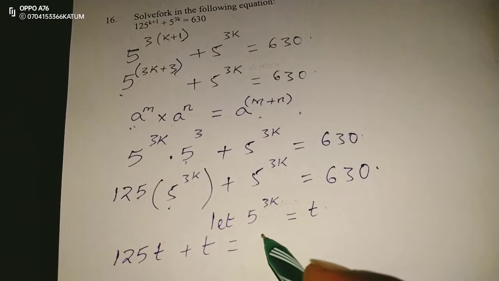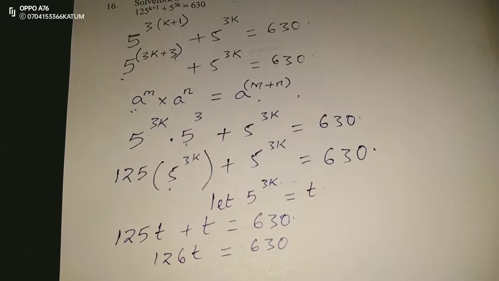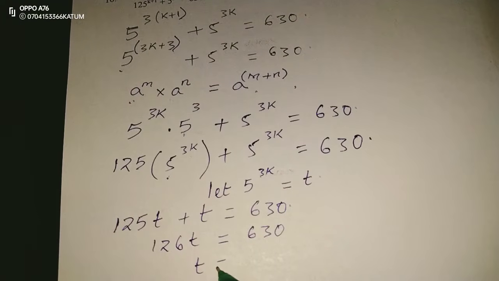This is equivalent to 630. Then we can talk about 126 t being equal to 630, so that the value of t, when we divide 630 by 126, is 5.